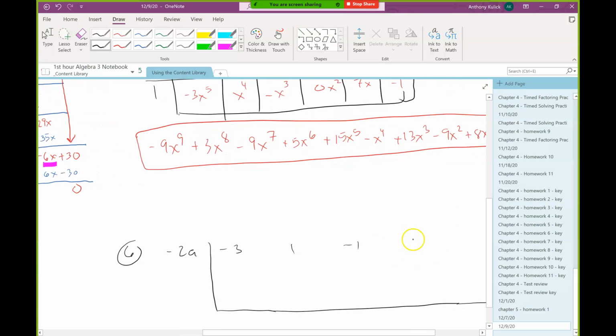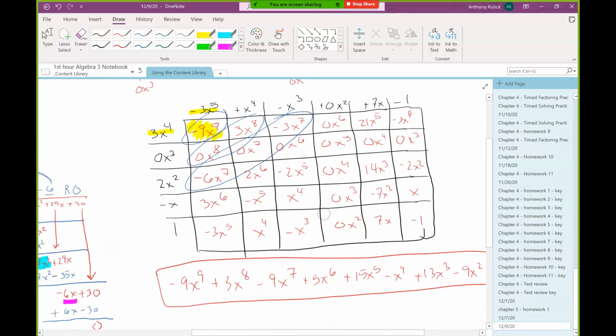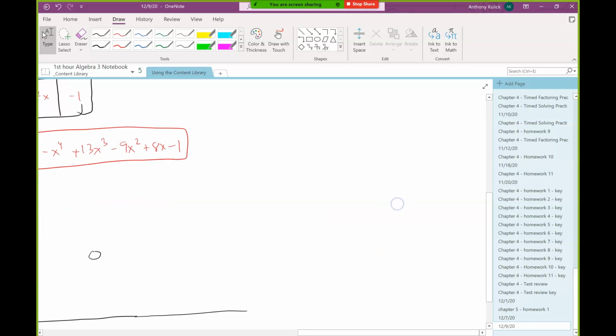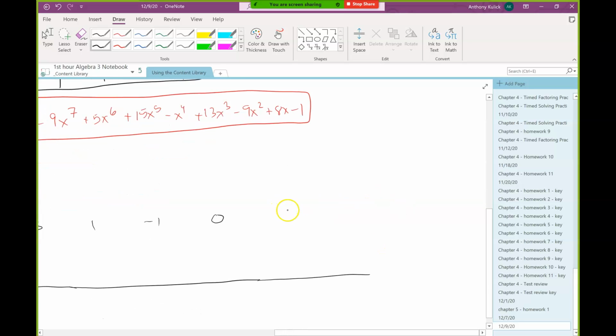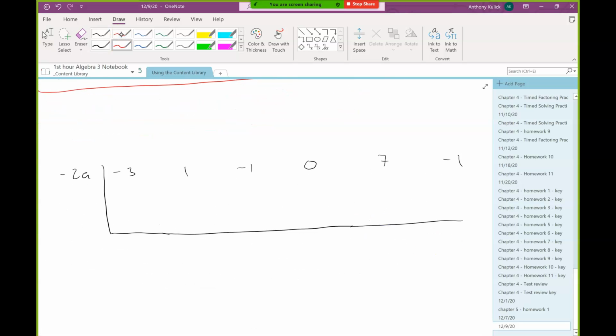Then we had a 0 because we had no errors. And then we have a 7 and negative 1. Okay with the setup so far there, Megan? Yes.